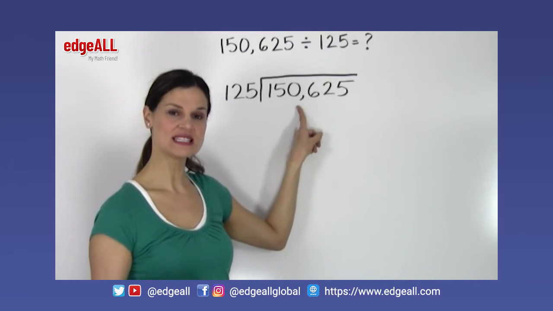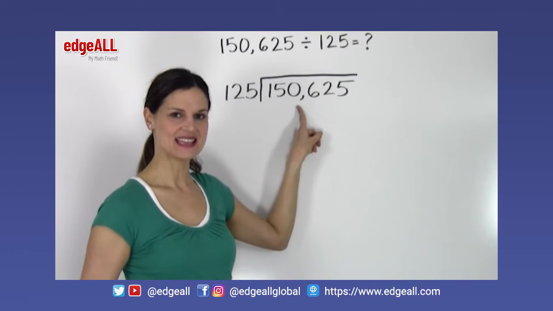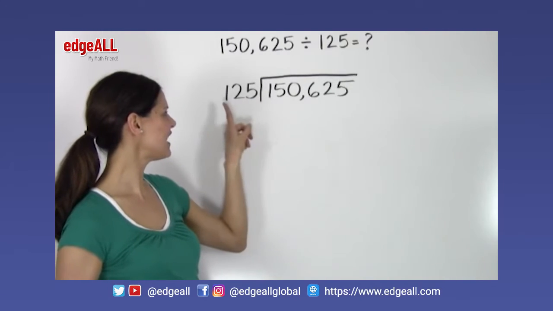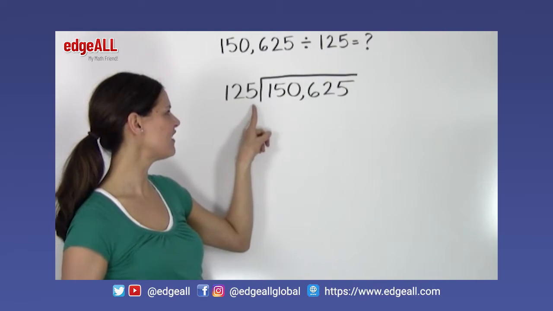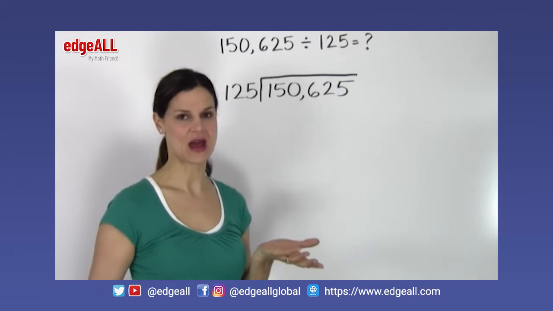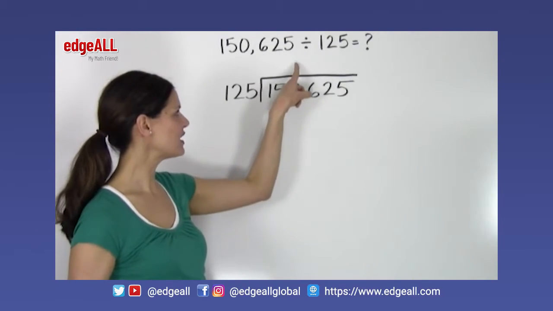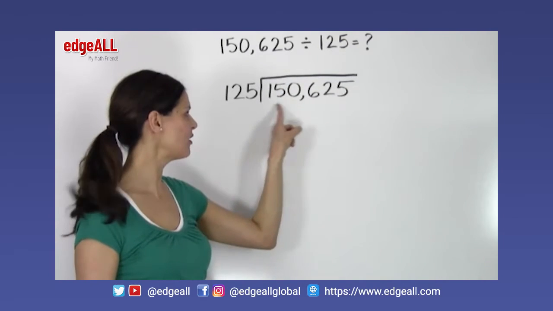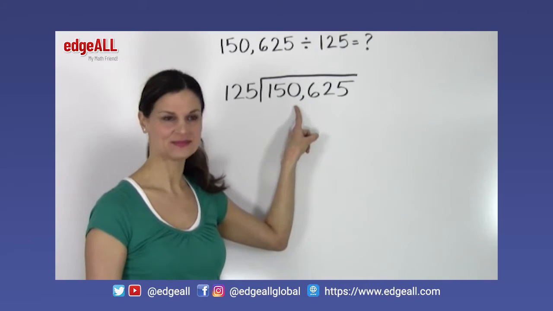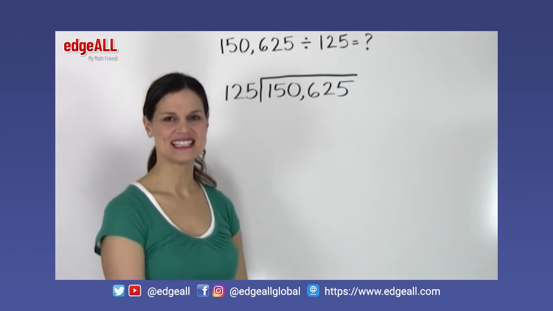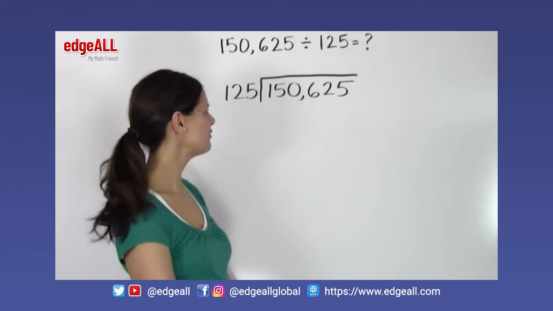So my first calculation is actually going to be 150 divided by 125. And the quotient for that calculation is going to go above the third digit over in my dividend. I need to keep my answers neatly organized to keep track of where I'm at.